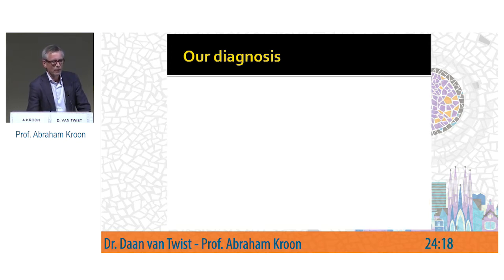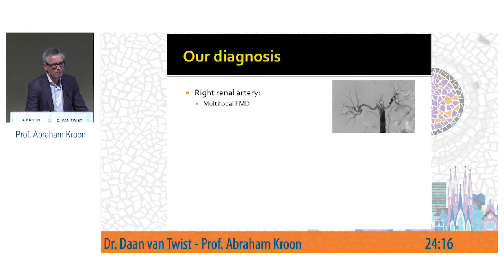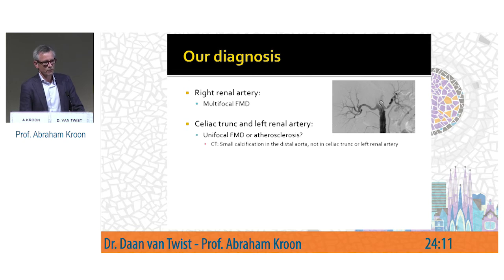So, well, our diagnosis. We think this is multifocal FMD of the right renal artery, and we think that there is quite some evidence that both in the celiac trunk and the left renal artery we had unifocal FMD.